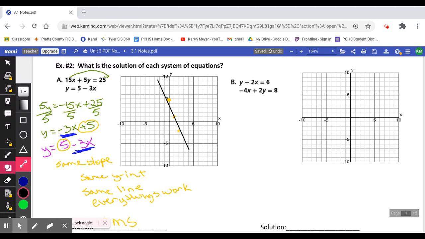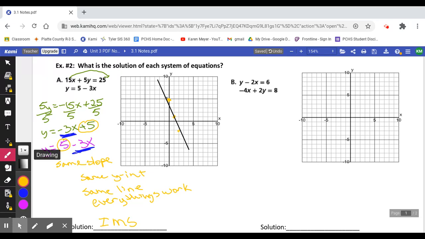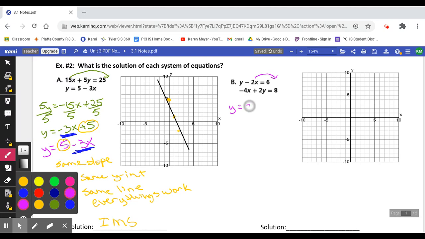Let's move on to the second one here. The first one, I have to start by moving the negative 2x over. To move a negative 2x, it becomes positive 2x. So you get y equals 2x plus 6.